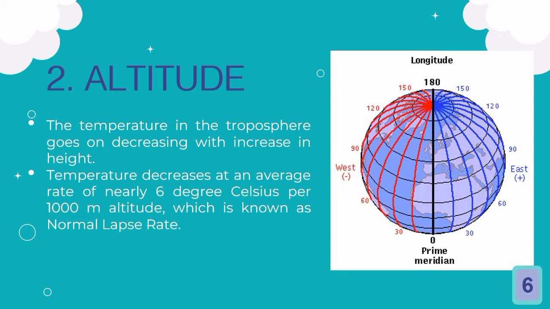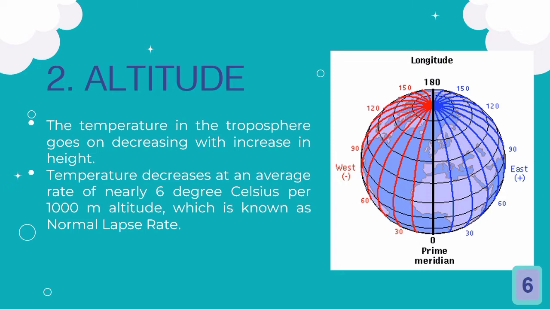So, it means that the temperature decreases as the height increases. And the normal or average lapse rate is 6 degrees Celsius per 1,000-meter altitude.